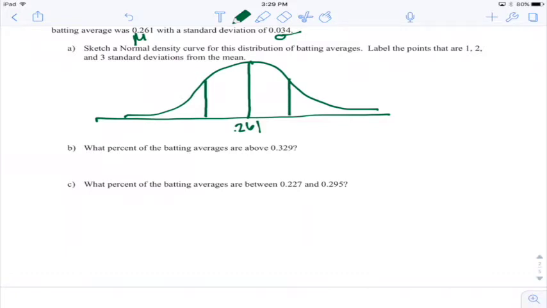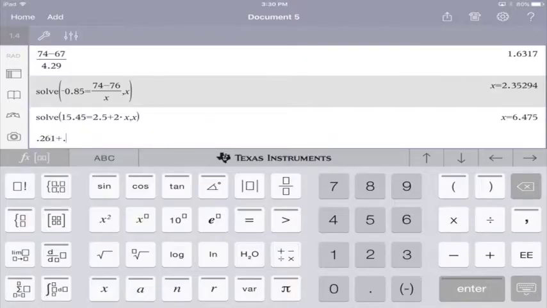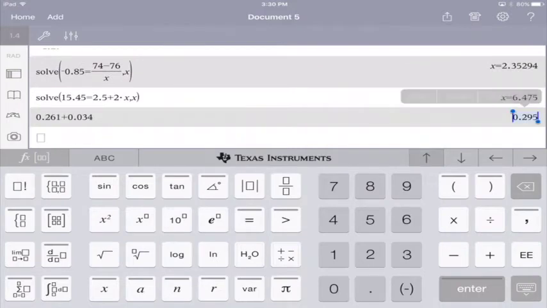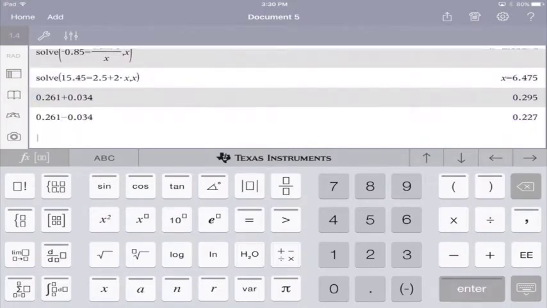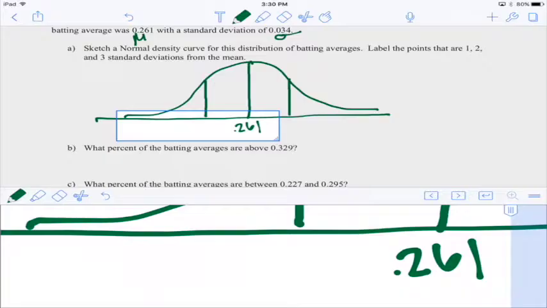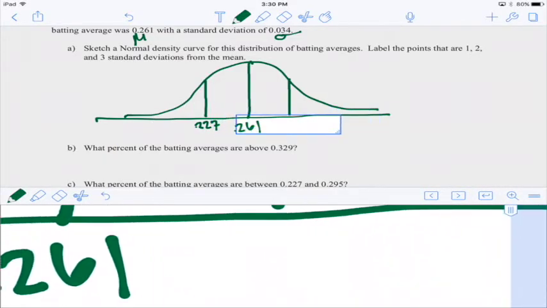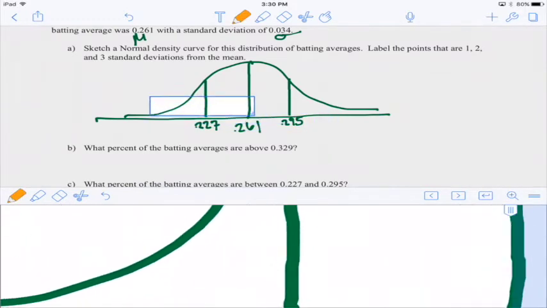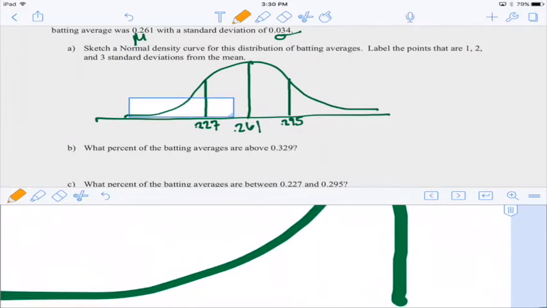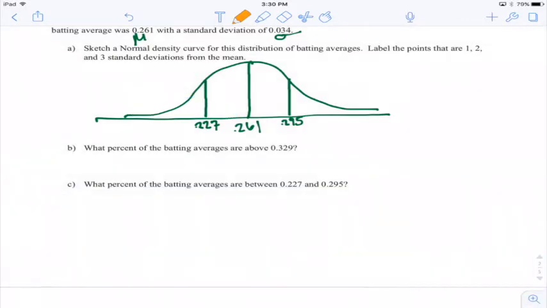So we're going to add one standard deviation above the mean and one standard deviation below the mean. So 0.295 and 0.227. So that was one standard deviation. Then we're going to go the same amount to the left and the right, roughly.